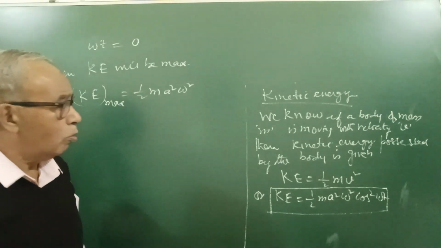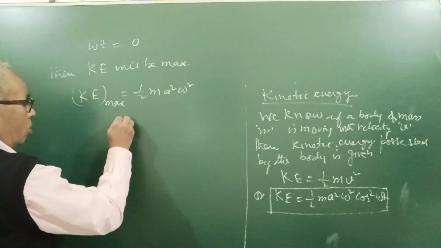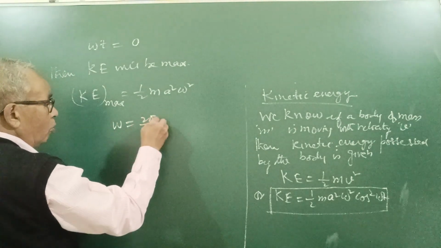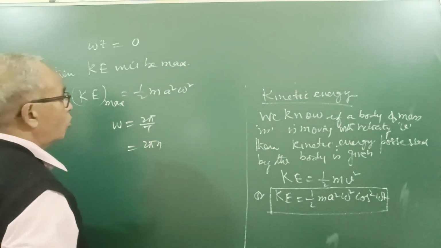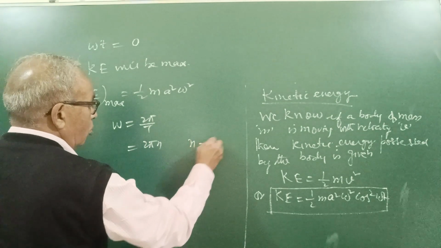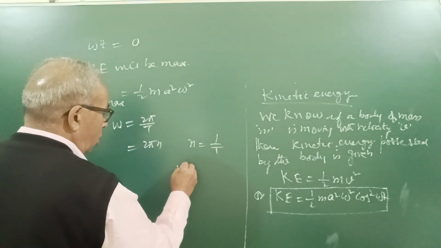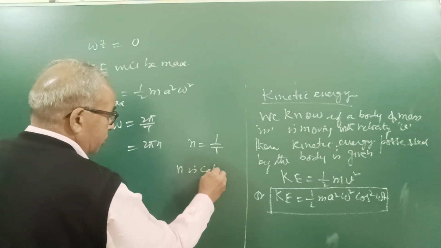Omega is 2 pi upon T, or 2 pi n also, since n equal to 1 upon T, n is called frequency.